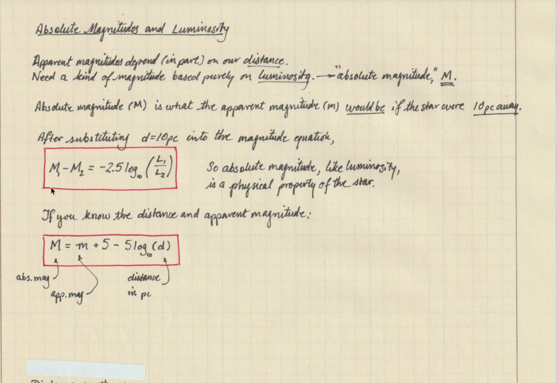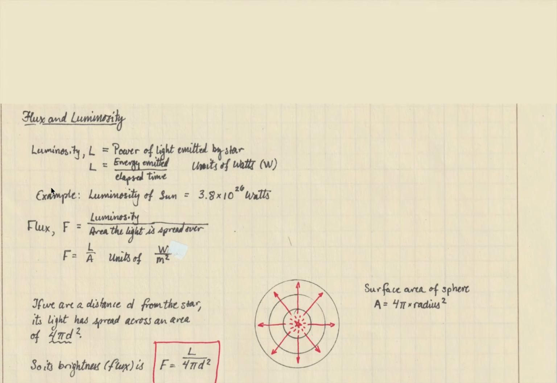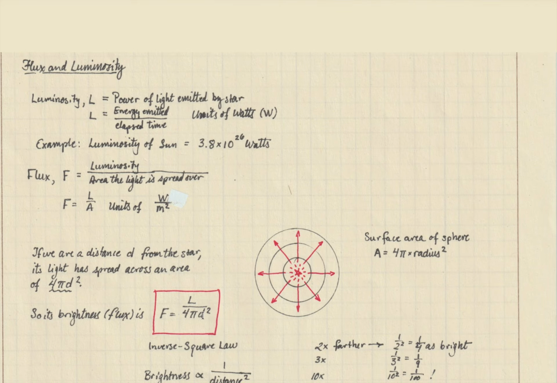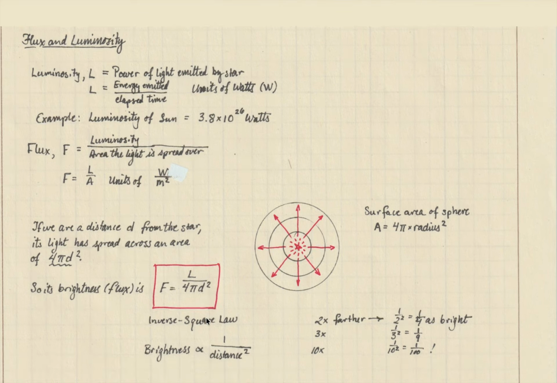So flux corresponds to apparent magnitude, luminosity corresponds to absolute magnitude, and either one can be converted into the other. Flux to apparent magnitude, luminosity to absolute magnitude, and back and forth. But maybe you know the distance. And if you do, you can convert between apparent and absolute magnitudes, just like back here we can convert between the luminosity and the flux if we know the distance.